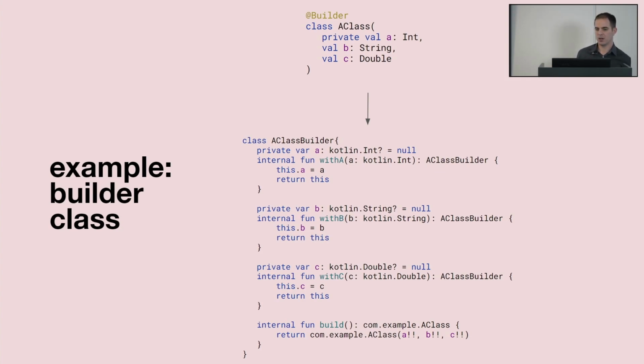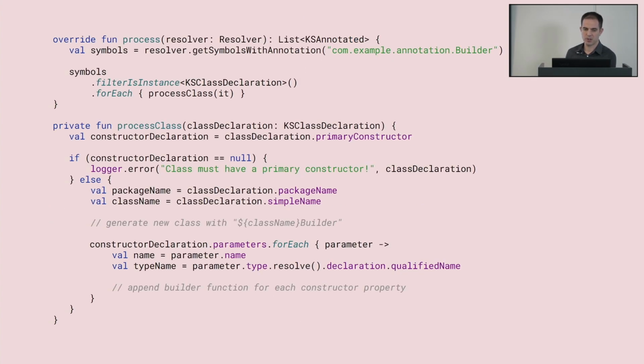And if we add this onto a class, then we will generate a builder class, which will have builder functions like withA, withB, withC, and also a final function which will actually instantiate our original class and return the object from it. This is a very well-known pattern, and this repetitive boilerplate code can be automated by code generation and KSP.